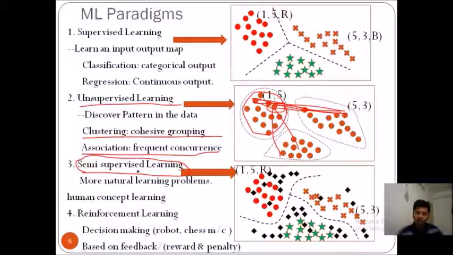In semi-supervised learning, a set of training examples are labeled and also a set of training examples are unlabeled. In real life, we learn something from labeled data.